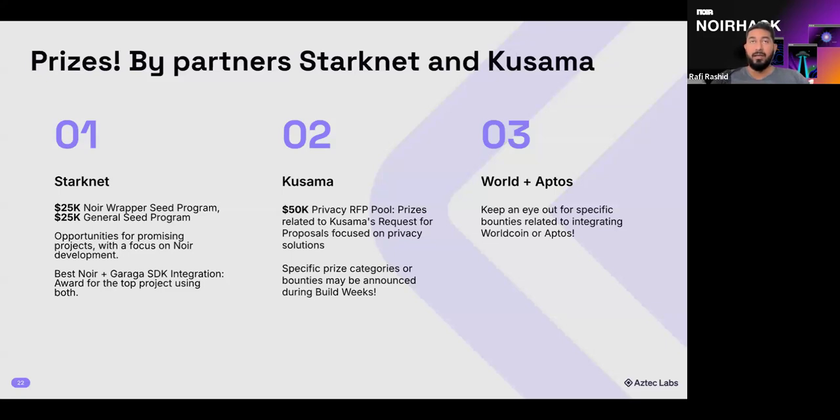These could be more broad and general. They could maybe be Aztec related. You could also apply with your Noir and Garga work to both, depending on what StarkNet gauges. You could apply for the general seed program more so than the wrapper. Beyond these awards, they'll share more details around the specific named awards in the build weeks.